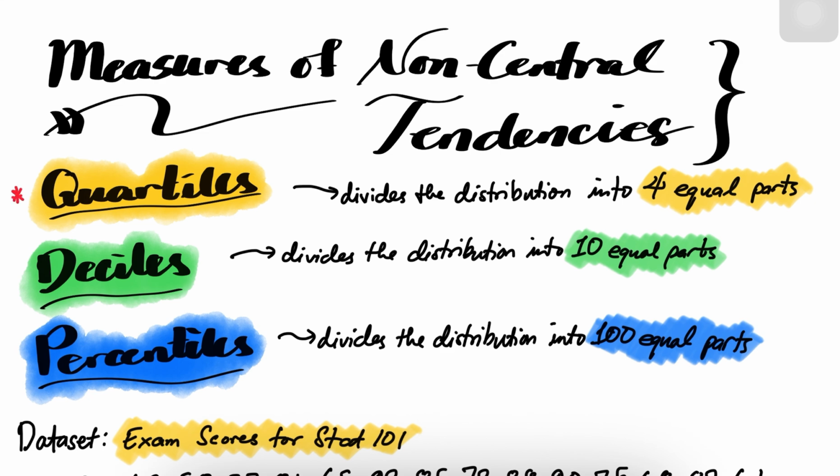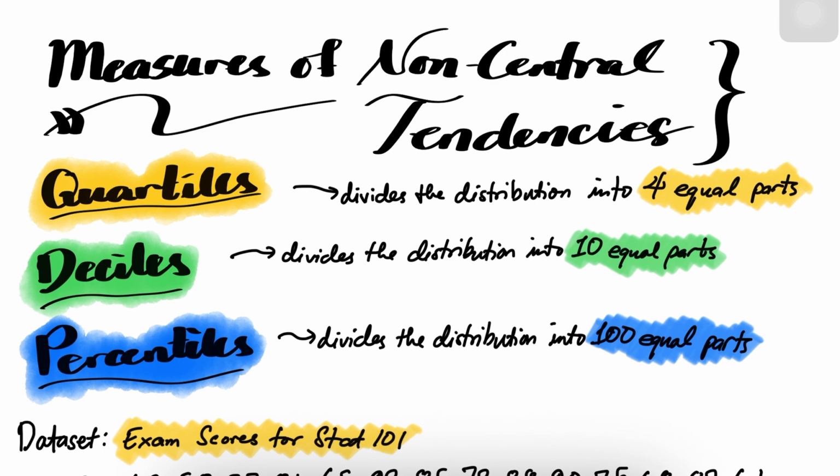The quartiles divide the distribution into four equal parts, while the deciles divide the distribution into 10 equal parts, while the percentiles divide the distribution into 100 equal parts. So you can see the prefixes that are being used in these words.